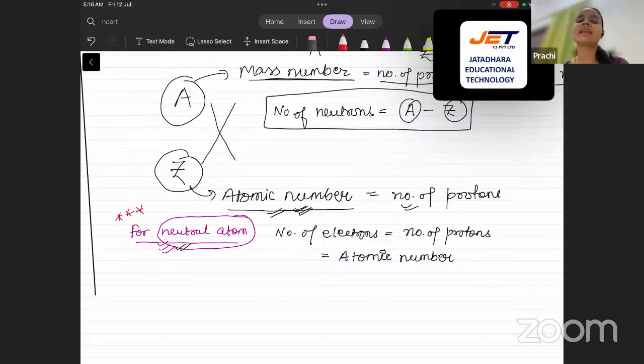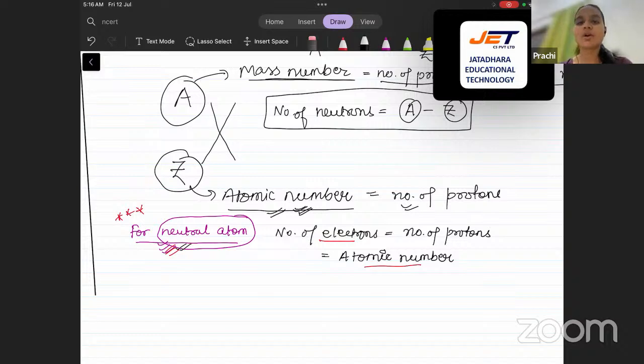Keep this in mind: if you have a neutral atom, only then can you keep the atomic number equal to the number of electrons. Otherwise, we have to calculate the number of electrons by adding or subtracting the charge from the atomic number, right?